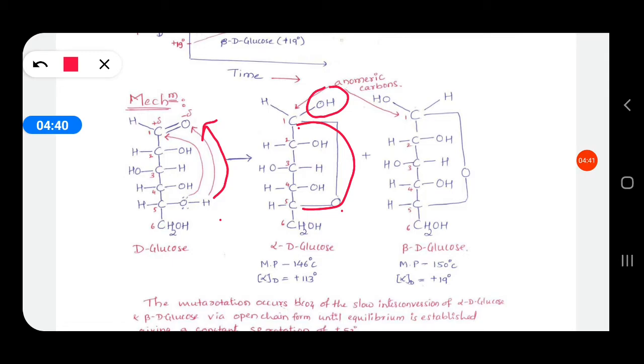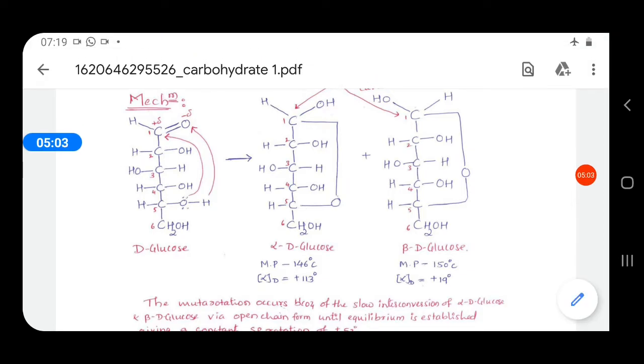There are two possibilities: this C double bond O can shift to this side, or to this side also, so that the C-OH bond is formed on either side. By this, a cyclic hemiacetal ring is formed, that is carbon, oxygen and carbon, and due to this formation, a new asymmetric carbon is formed.